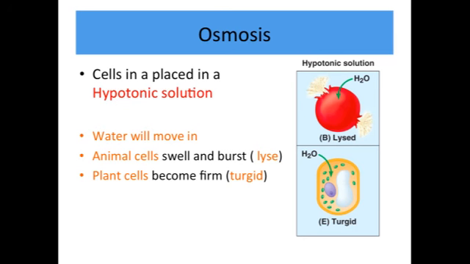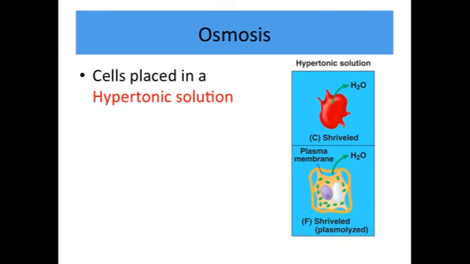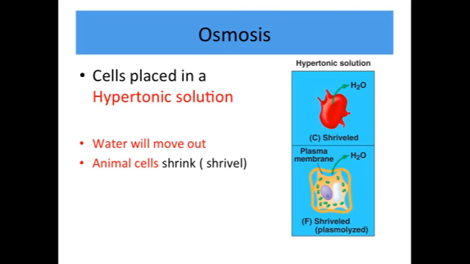Plant cells become firm, and we call that turgor, or they have turgor pressure. Put cells in a hypertonic solution, water's going to move out. In an animal cell, it's going to cause it to shrink or shrivel up. In a plant cell, it's going to be called plasmolyzed. And again, both situations are not good for living organisms.